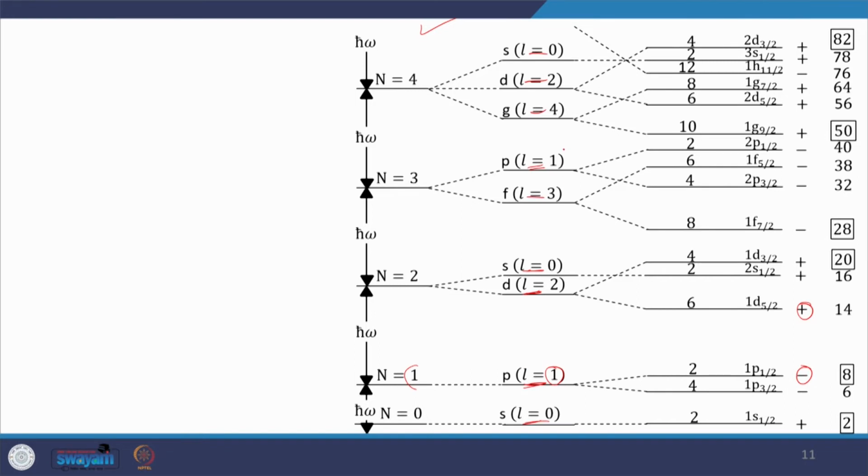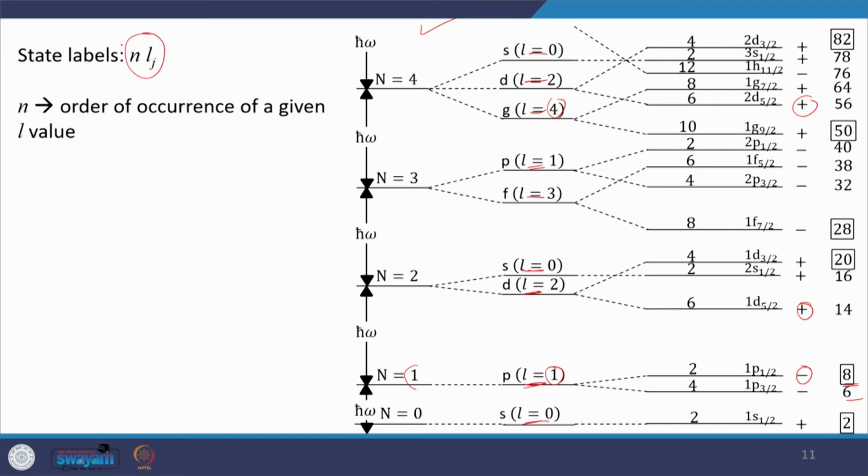And you see L is equal to 4, (-1) to the power of 4, so it is positive parity. Alright. So, like this one can find out the parity and the J values and the total number of nucleons occupied. Okay. And the stable levels are represented by this symbol NLJ, where N denotes the order of occurrence of the given value, and L 0, 1, 2, 3, 4 correspond to these different orbitals like the atomic orbital model.